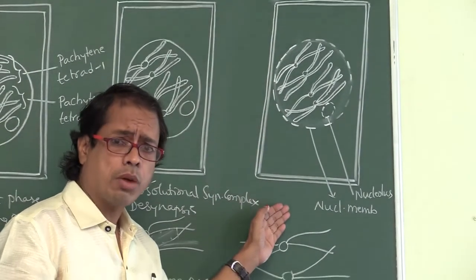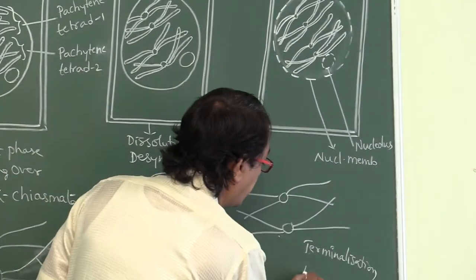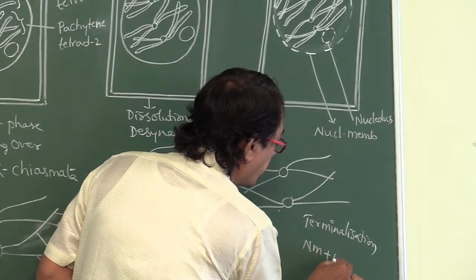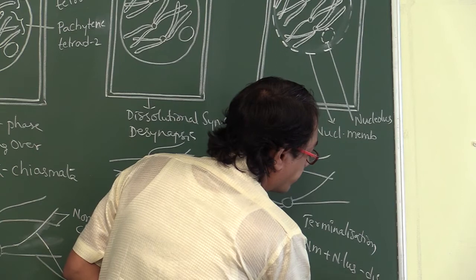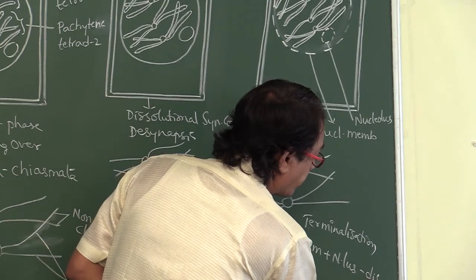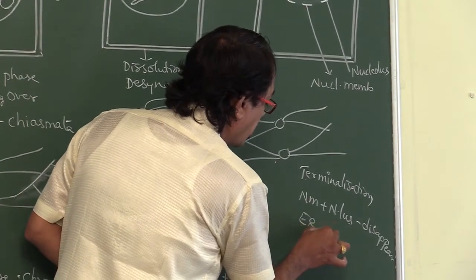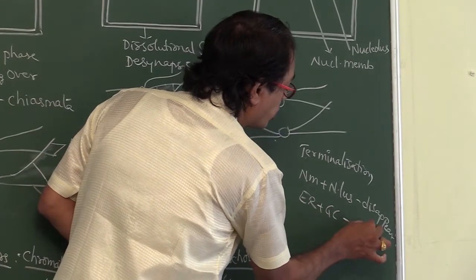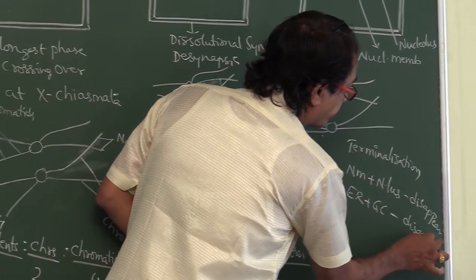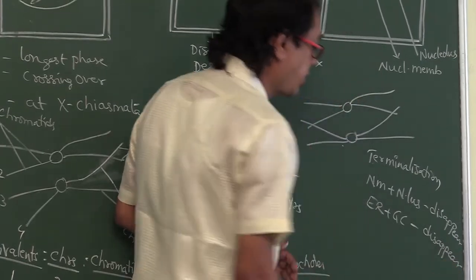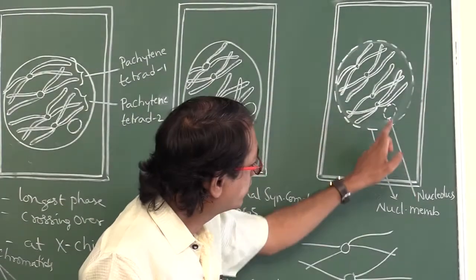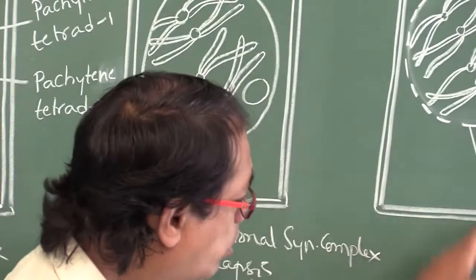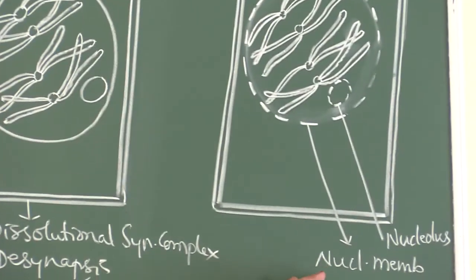This is the last phase of prophase 1, which means finally the nuclear membrane and nucleolus disappear, and ER and Golgi complex also disappear.